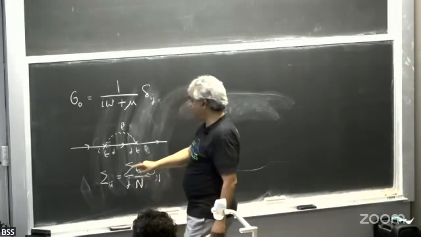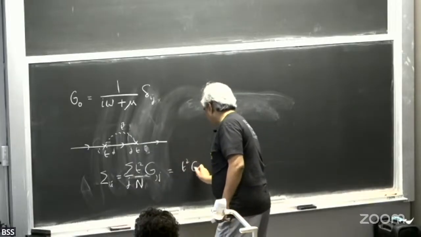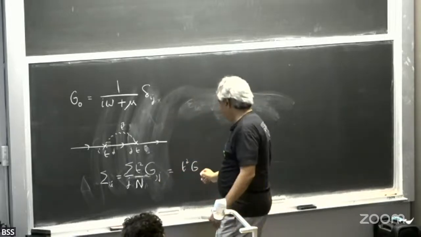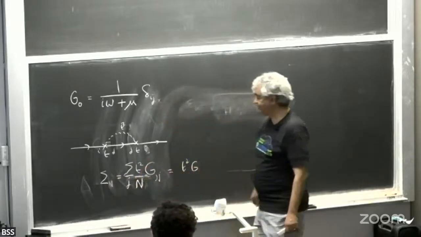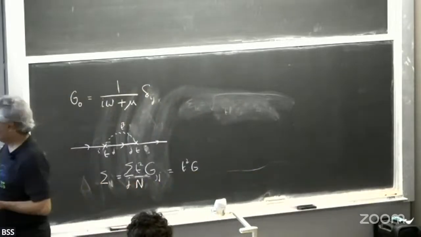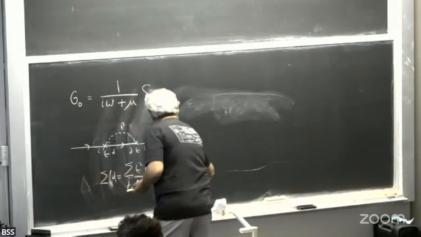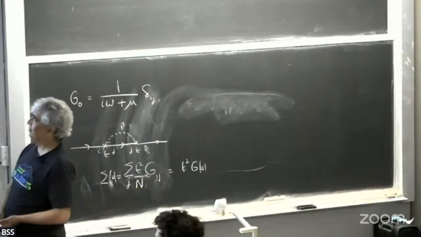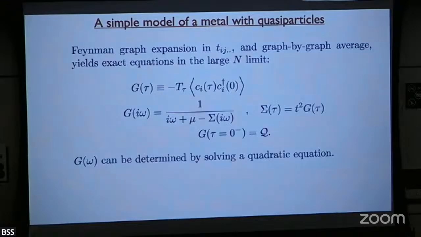So the sum over j gives you n, that cancels that n. And it's just t squared times G. And G, we assume, is independent of j. So it's just G. You can drop the sigma. There's a general frequency, there's a sigma of omega here and omega here. So that's what I wrote down here. So that's the term to second order.